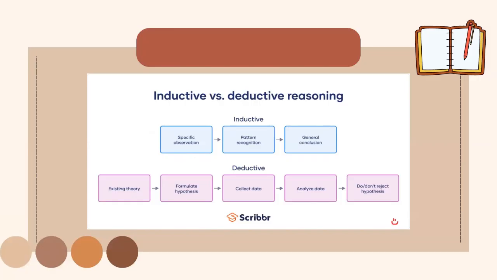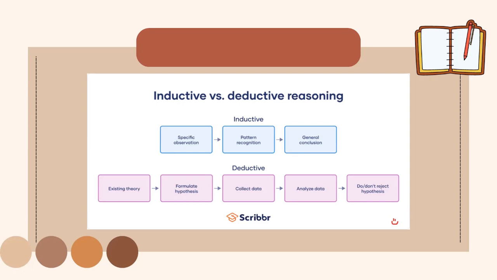As you can see here in this graph, inductive starts with an observation, right? When you see an observation, you recognize a certain pattern, and using that pattern, you find certain theories that would essentially make the most sense out of the observation that you had, and eventually you'd be reaching a certain conclusion, right?